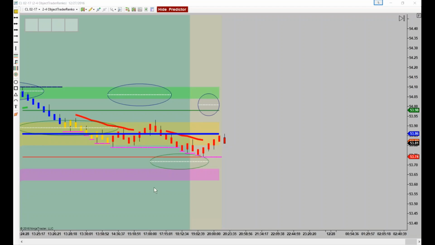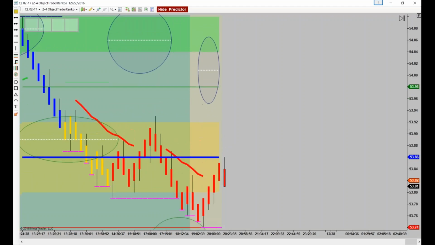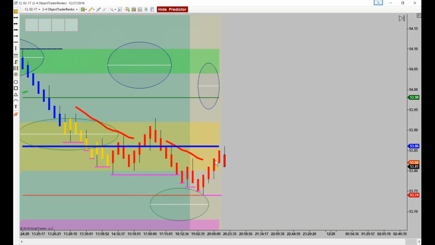Okay, let's see. Yeah, see, here's what it does, Walter. You can tell now. You should be able to see my screen because it just came up. See how this bar came back into this bar, 2 ticks? So in other words, this bar closed to the upside. This bar literally went all the way up here to the top, but then closed here.